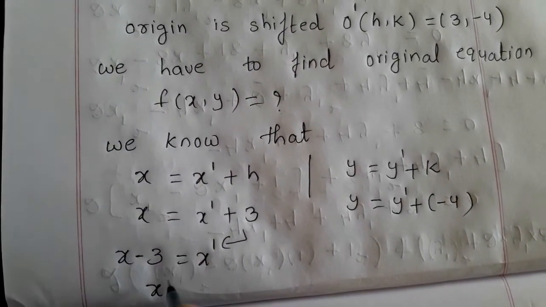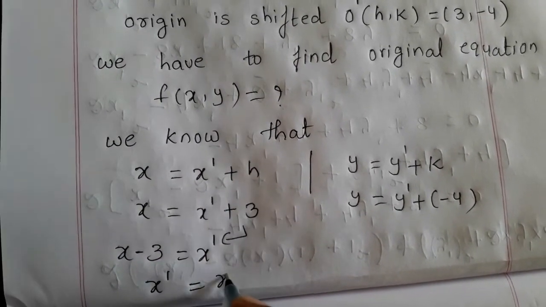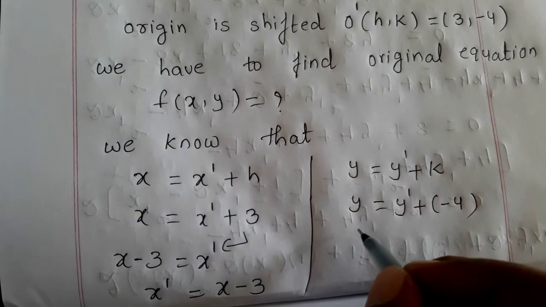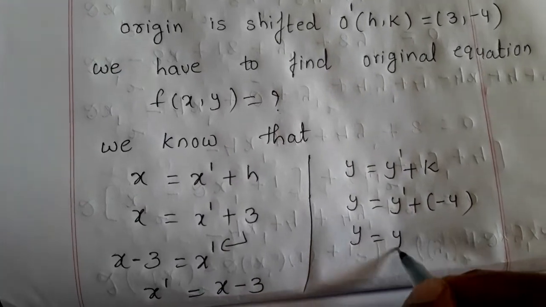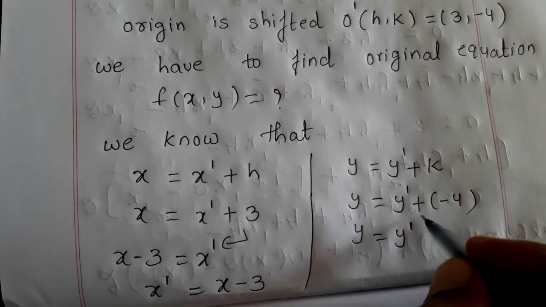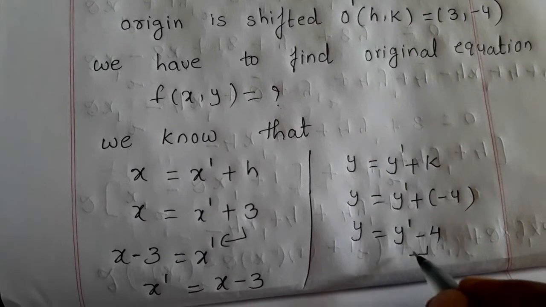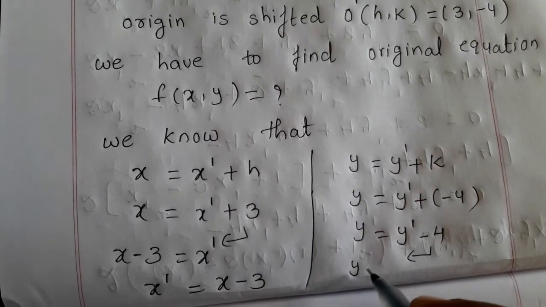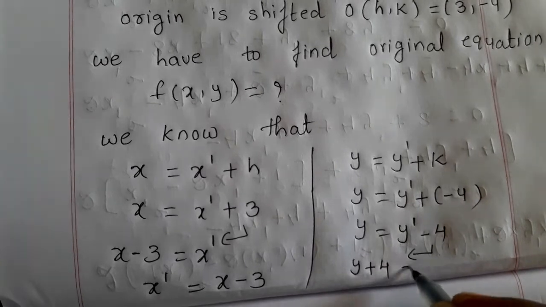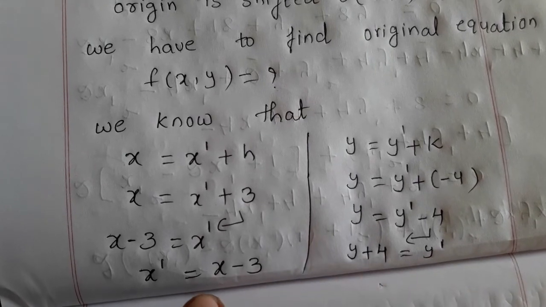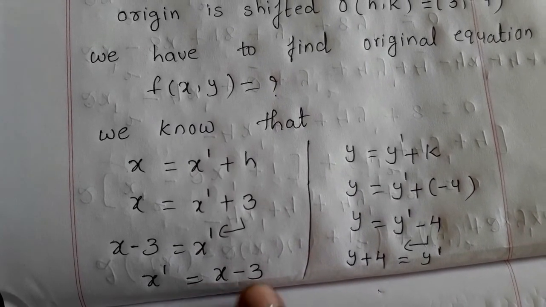Okay, x dash is equal to x minus 3. Similarly here, y is equal to y dash, plus into minus is minus 4. So bring it to the left side, that is y plus 4 is equal to y dash. So y dash is nothing but y plus 4, and x dash is nothing but x minus 3.